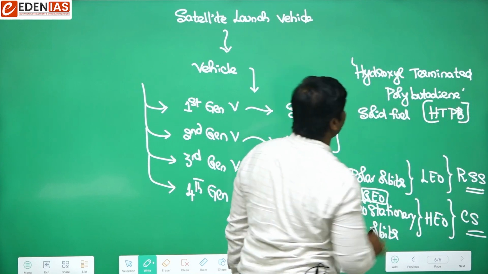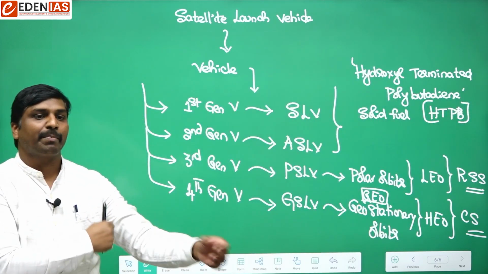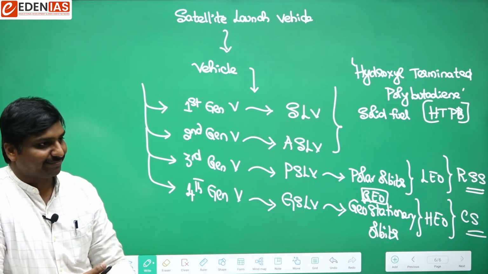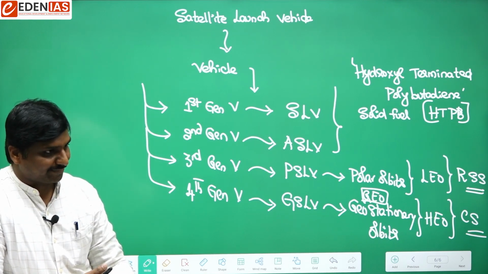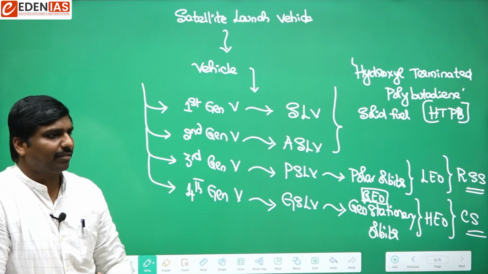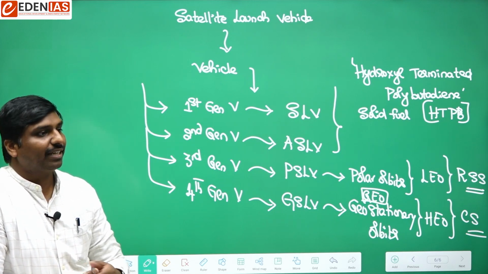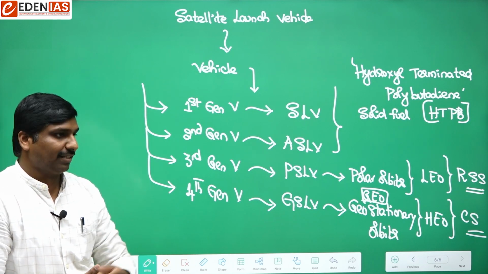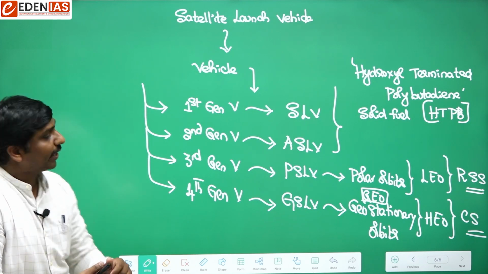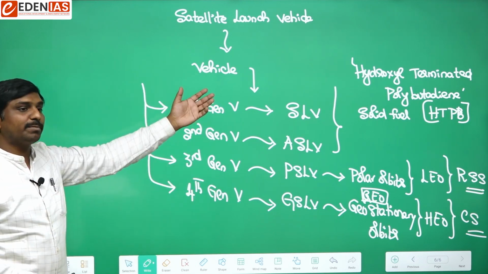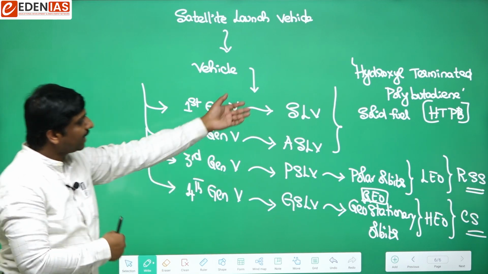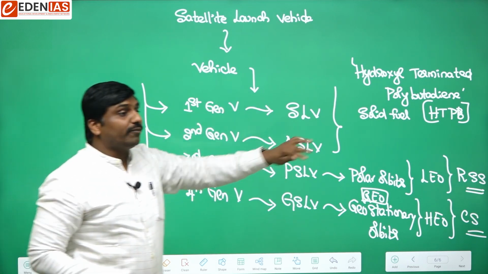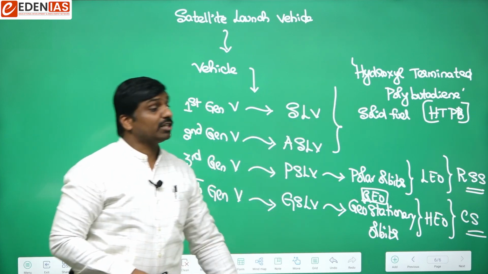This is the solid fuel that would generally be used in the launch vehicles, based on technology in India. We are discussing the Indian perspective. From the Indian perspective, these are the developments: SLV, ASLV, PSLV, and GSLV. This SLV was based upon solid fuel.